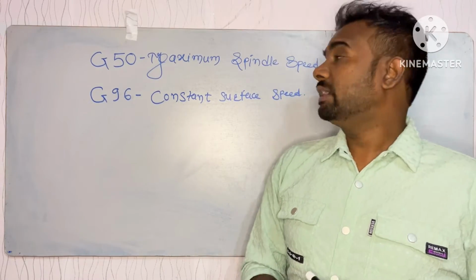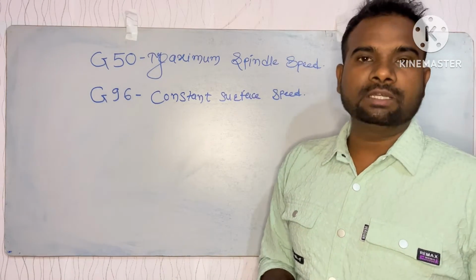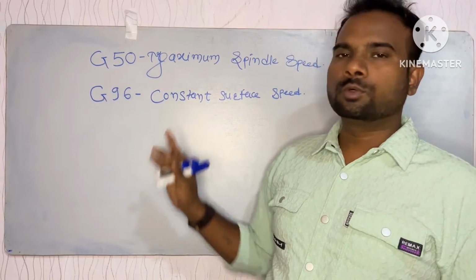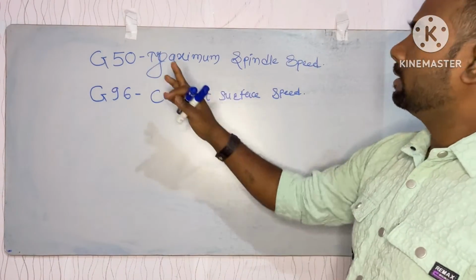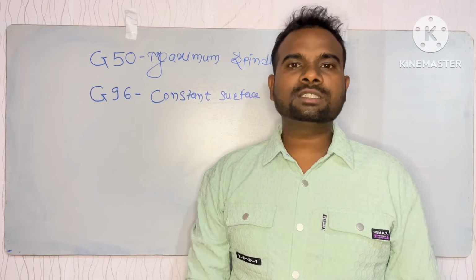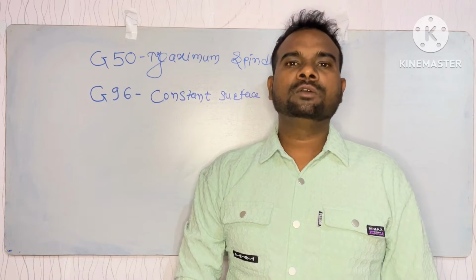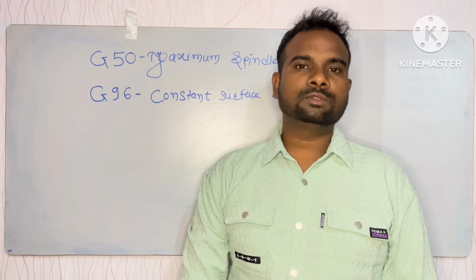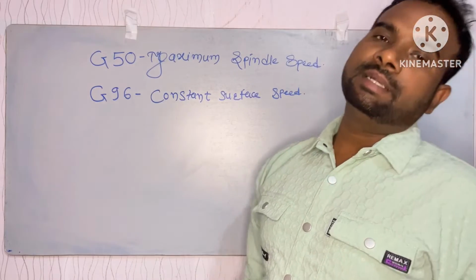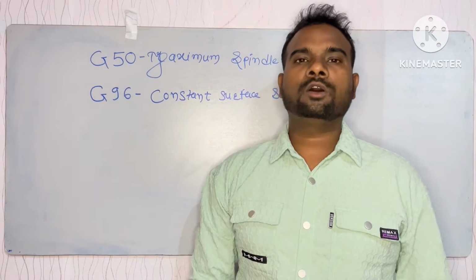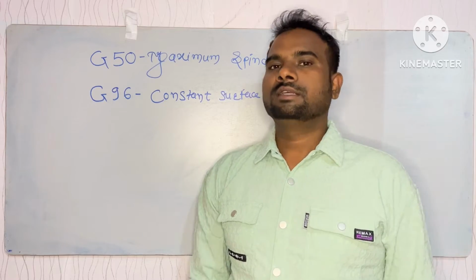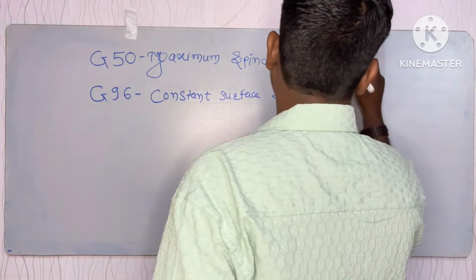Why do we have to use G50 with G96? The only use of G50 is to tell the machine the maximum spindle speed we can give, limiting or clamping the spindle speed of the CNC machine.